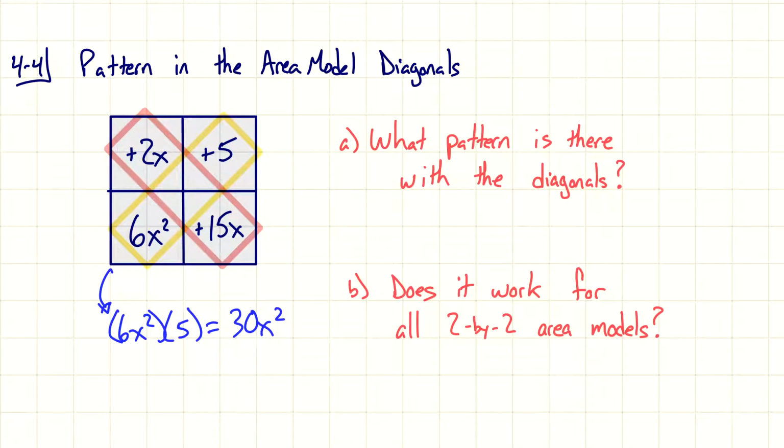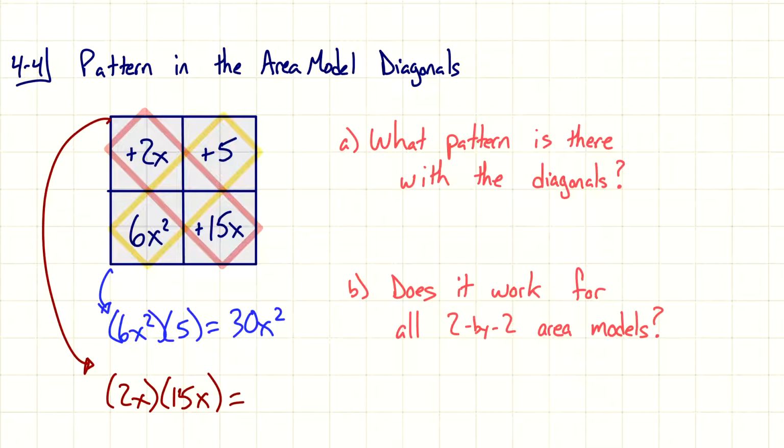If I look at those, and I take 2x and I multiply it times 15x, well, 15 times 2 is 30, and x times x is x squared. What? All right, so all of a sudden, let me highlight these. If we multiply those, they end up being the same number or same expression.